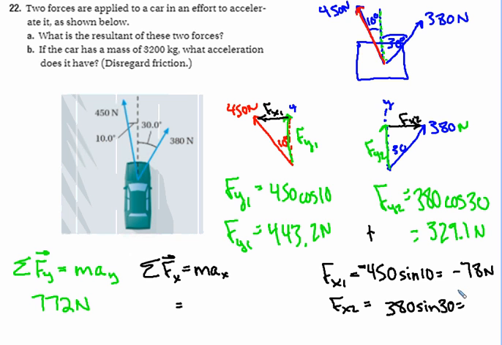And sine of 30 is just 1/2, half of 380 is 190. So the net force in the x direction is a combination of these two, 190 minus 78, which would get you 112 newtons. And this is to the right, and this is up.